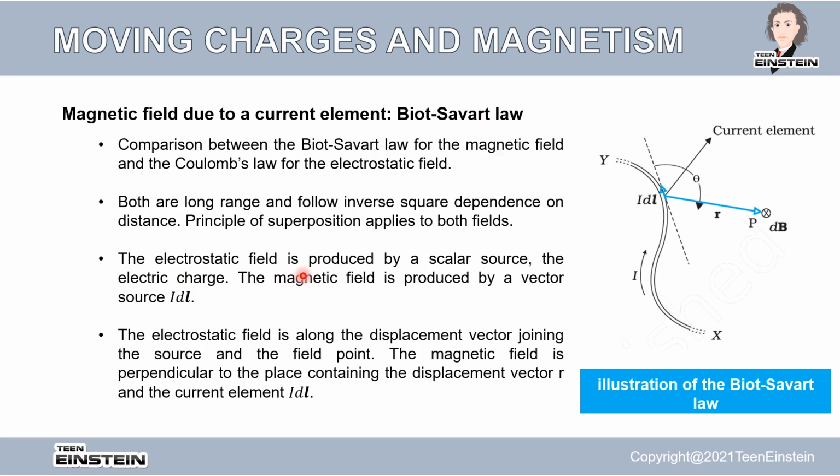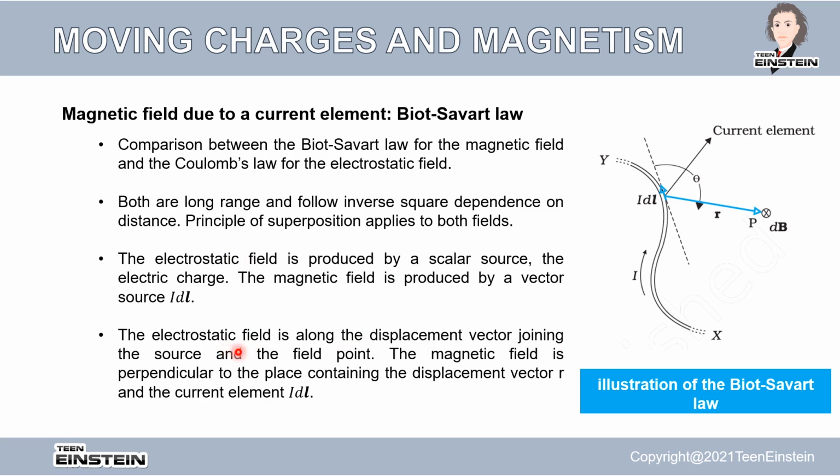The electrostatic field is produced by a scalar source, the electric charge, because charge is a scalar quantity. But the magnetic field is produced by a vector source called I dl. That is, I dl is a vector. So unlike the electric field which is produced by a scalar, the magnetic field is produced by a vector. Another important difference between the electrostatic field and the magnetic field is the direction.